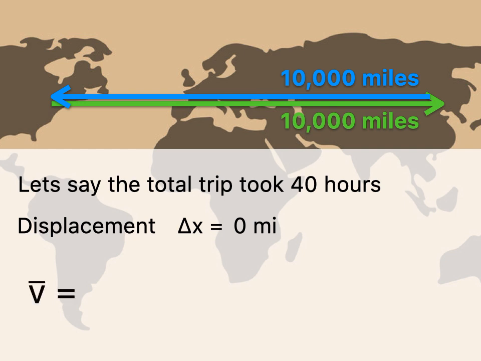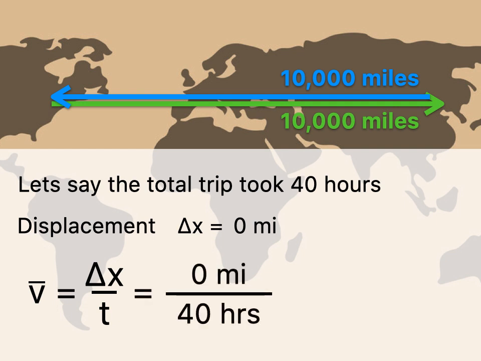Take a look at this. So I'm going to put a bar over V to signify average velocity. Now, the equation is different. It is the change in x over time. So your total displacement is 0 because you started in Boston, you did go to China, but you came back and your final destination is Boston again.